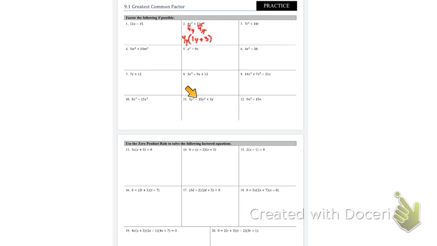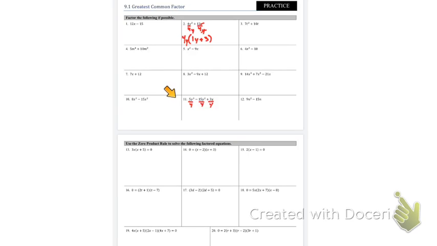Nothing can divide 5, 15, and 3. So GCF for numbers didn't work, but now we want to try GCF for the letters. Do they all have a common letter? And they all have a y. So we pick the lower powered y, which is y1. So my GCF is going to be y, and I'm going to divide by y all by itself.